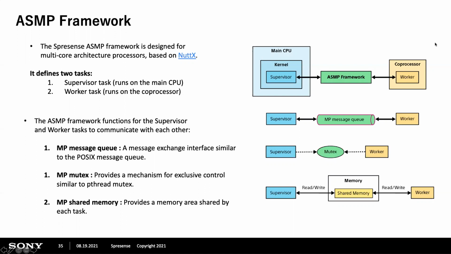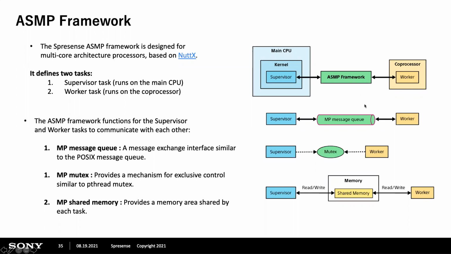If you look at Spresense, you need 2 tasks here. One is the supervisor task, the other one is the worker task. The supervisor is in the main CPU, and the worker task is in different cores, the co-processors that you assign as the worker. And you communicate with the ASMP framework.